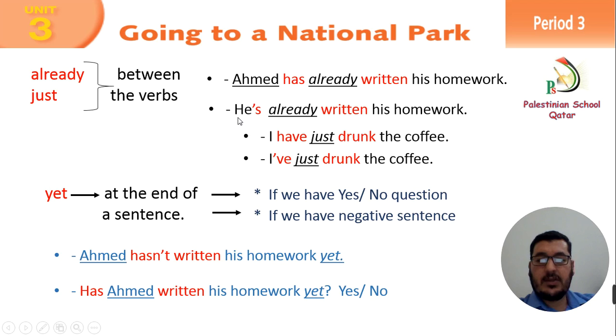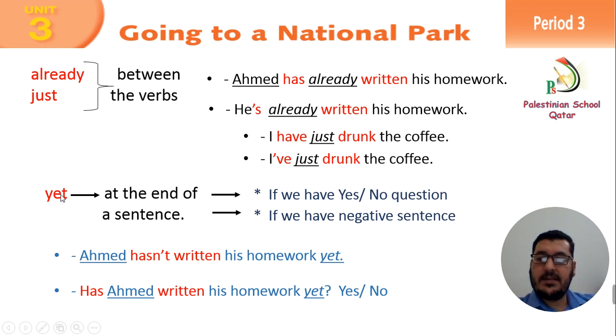In the short form, he's already written his homework. So he's means he has. Also, I have just drunk the coffee, and the short form, I've just drunk the coffee. So I put just between the two verbs, have and drunk.